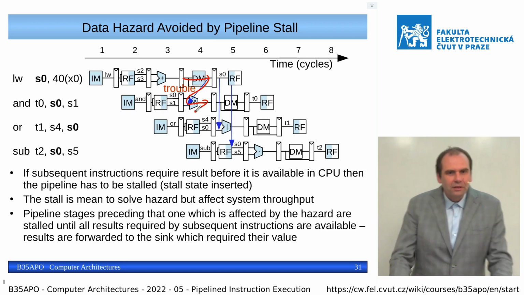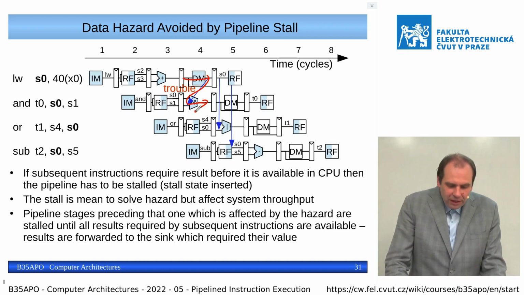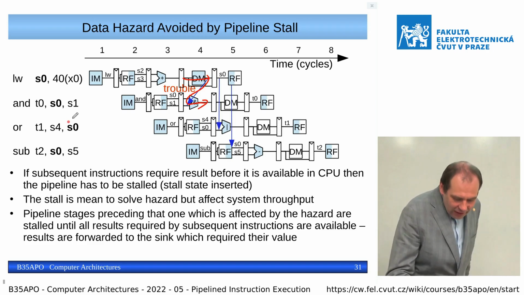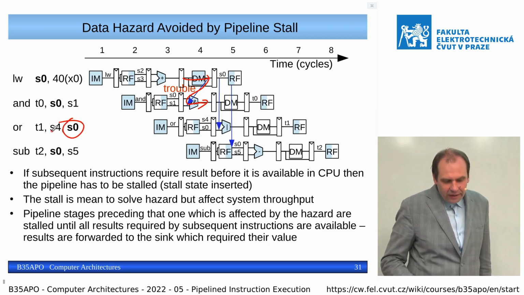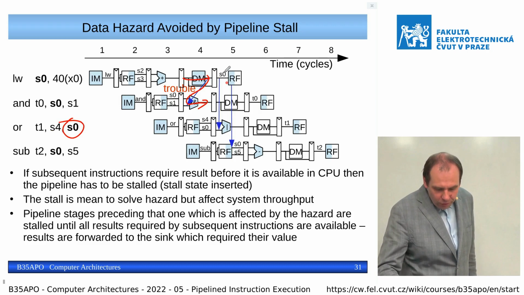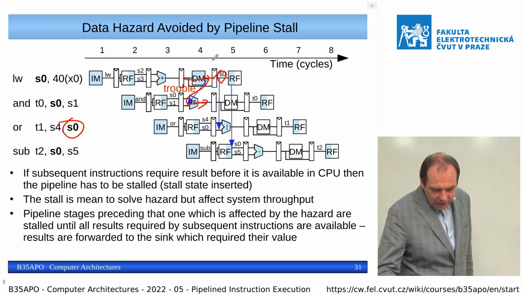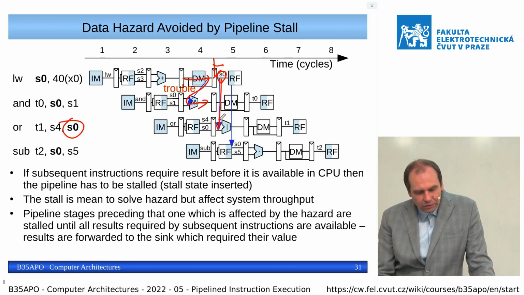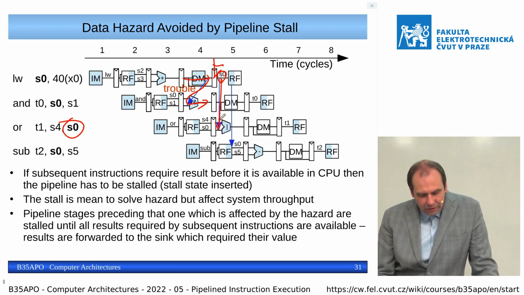So at this moment, we again lose the speedup which is there thanks to the pipelining. For the second instruction after the load word, we have no problem because the result is already on the output of the interstage register in the write-back phase, and in this case there is no problem to forward the value to the input of the arithmetic logic unit.